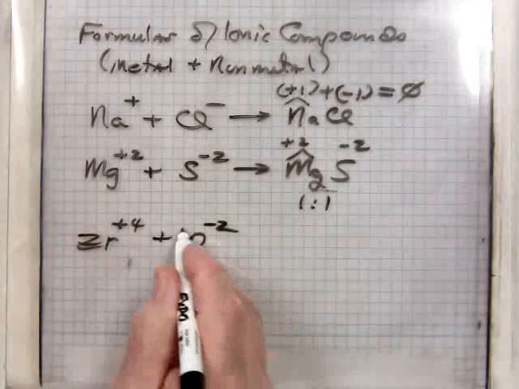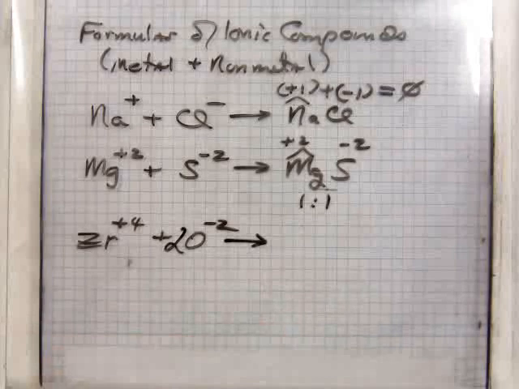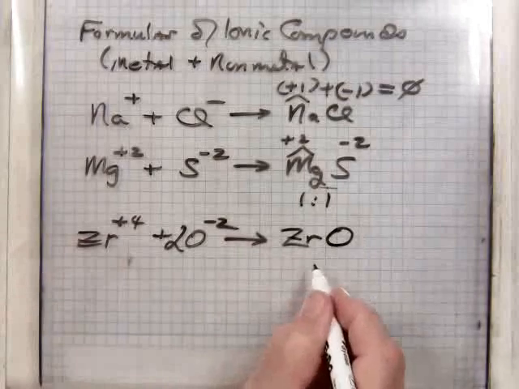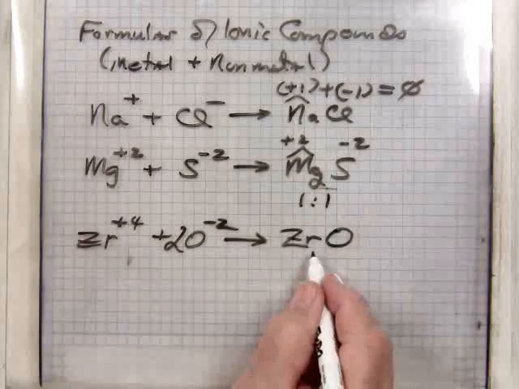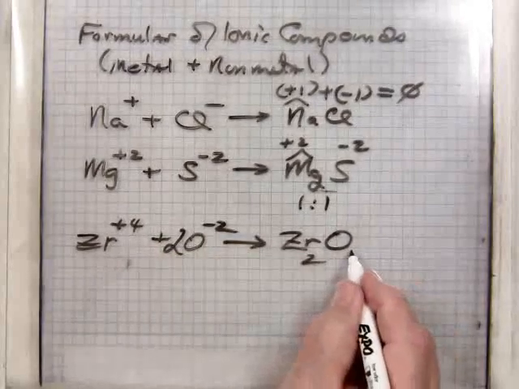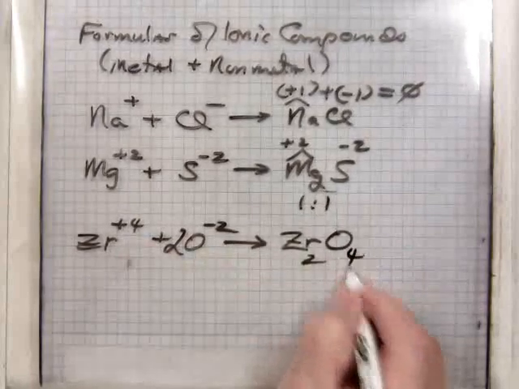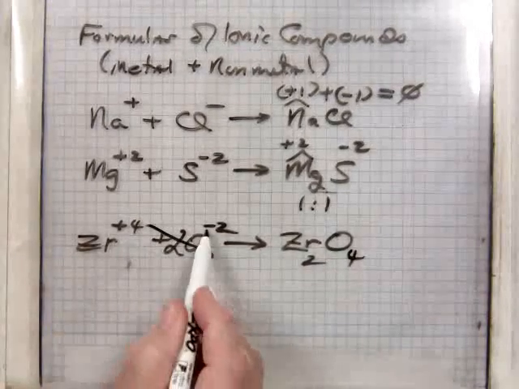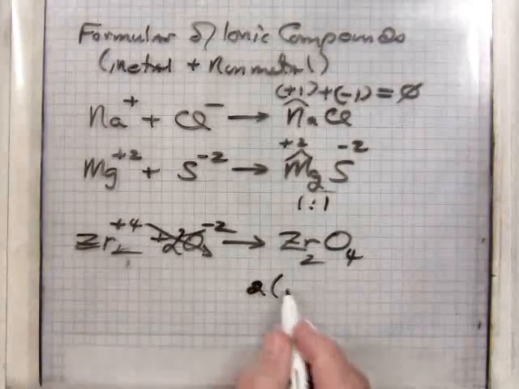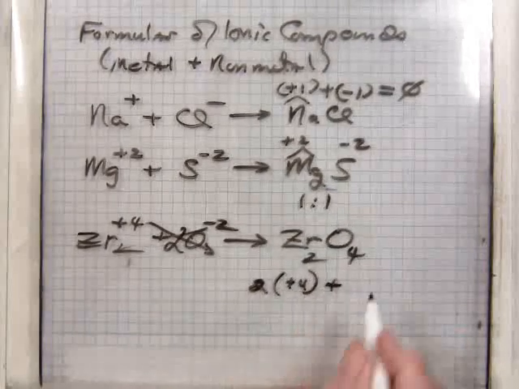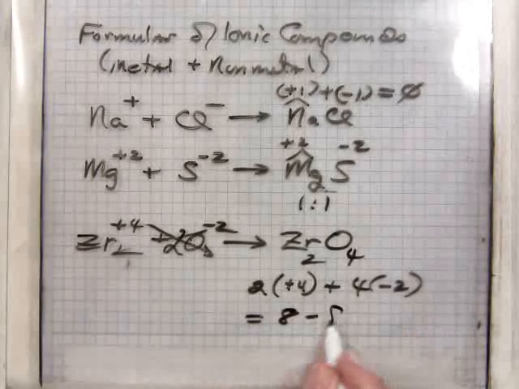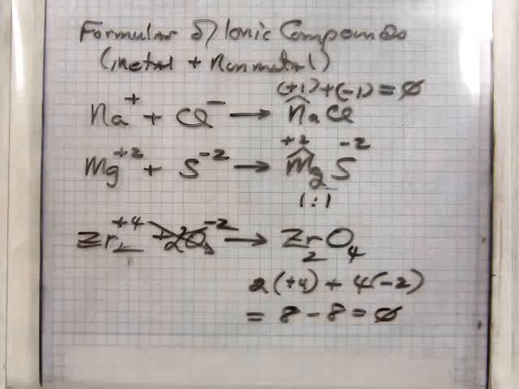So I would have to use 2 in this ionic formula to get zirconium oxide, and I would have to have 2 down here, and I'd put a 4 down here, where you're swapping the coefficients like that, because what you're looking at here is 2 times +4 plus 4 minus 2's, and what that would give you is 8 minus 8, or 0, which verifies that's really what it is.